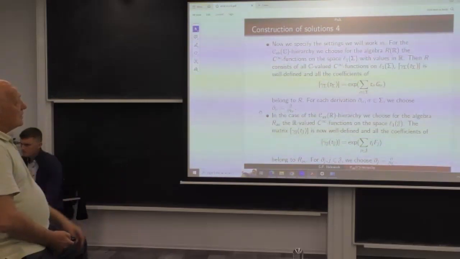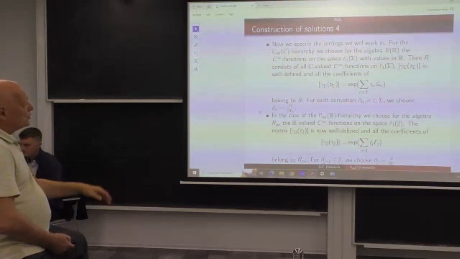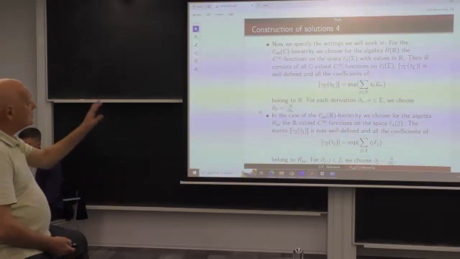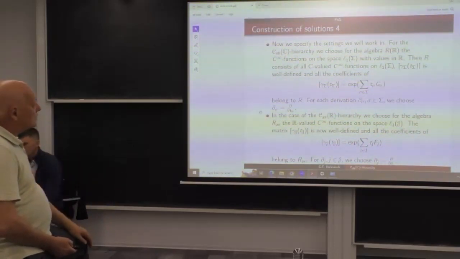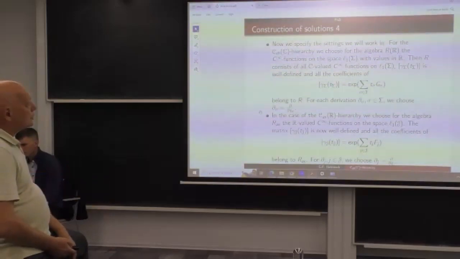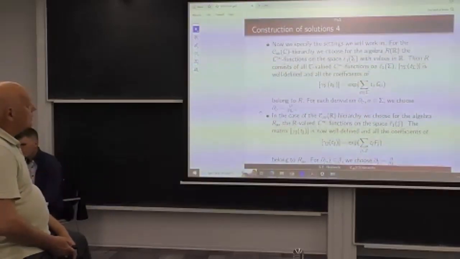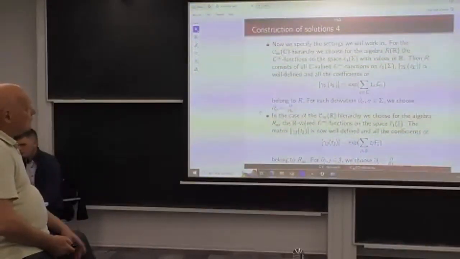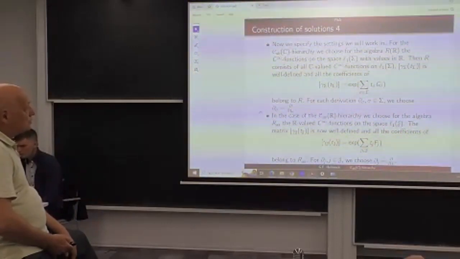Now I worked all the time with a setting that was hanging in the air. I will be concrete now. I take for R the C infinity functions on L1, and then R consists of all C-valued C infinity functions on L1.